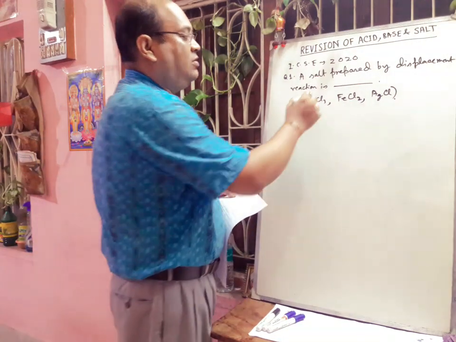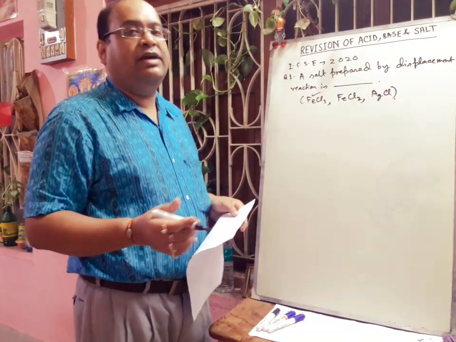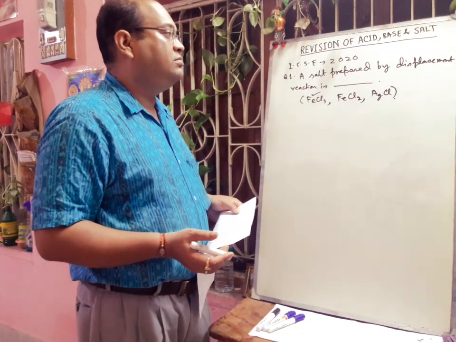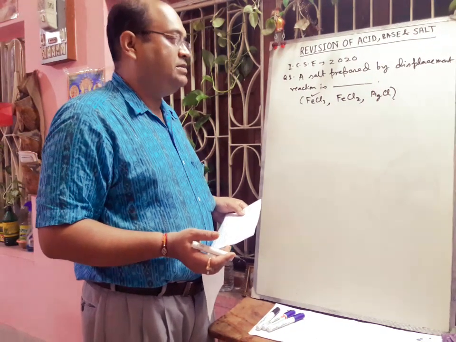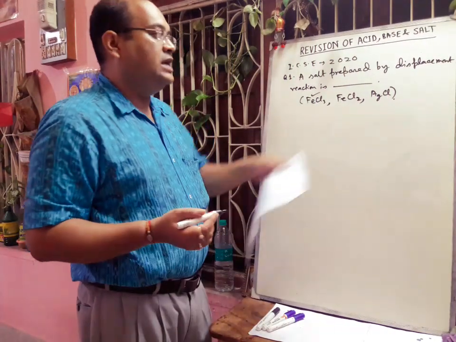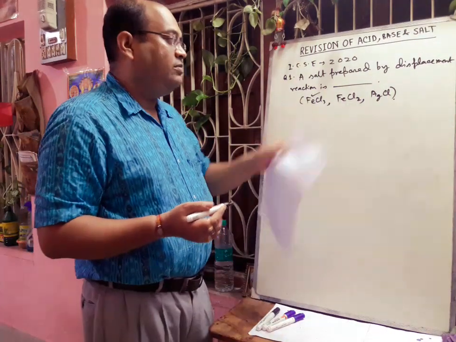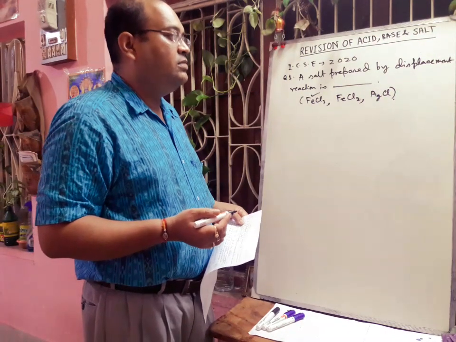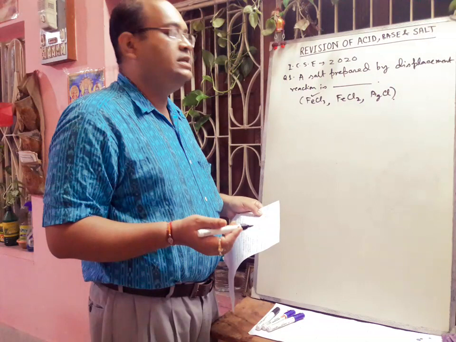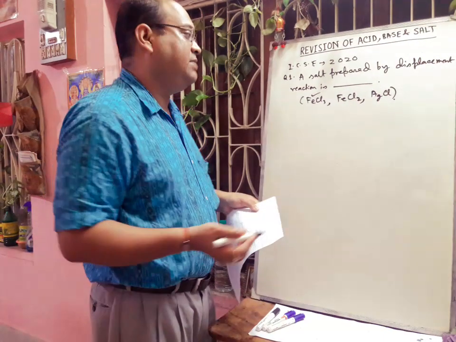First of all, ferric chloride. We know that we can prepare ferric chloride by the direct combination method, so it is not prepared by displacement. Ferrous chloride, yes, that will be the answer. Silver chloride we also have to omit, because it is an insoluble salt in water and is generally prepared by the precipitation method.